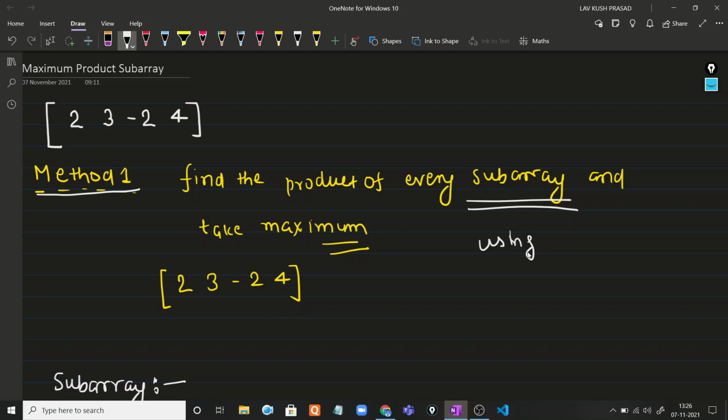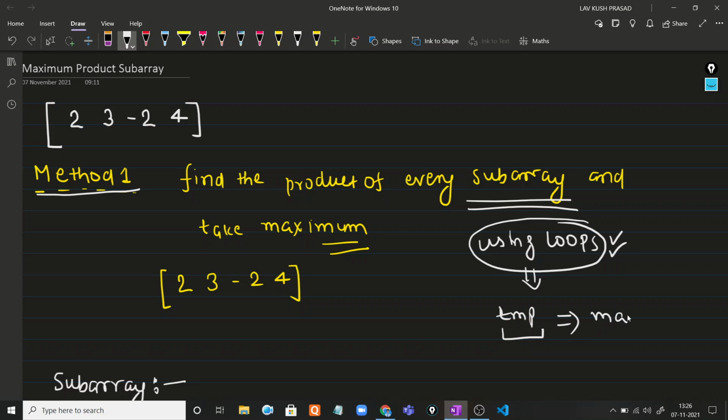If we use two loops here, we can easily find all subarrays, and using some temp variable, we can find the product of each subarray and take the maximum out of those temp values, right?